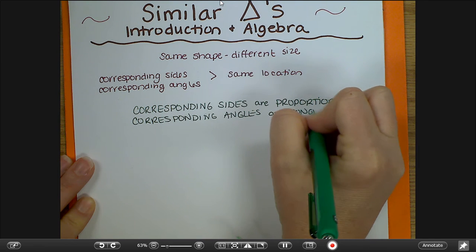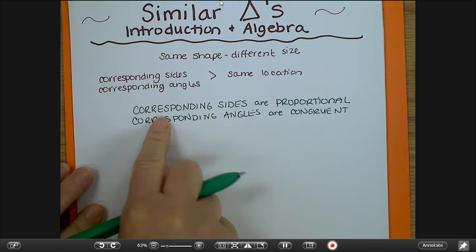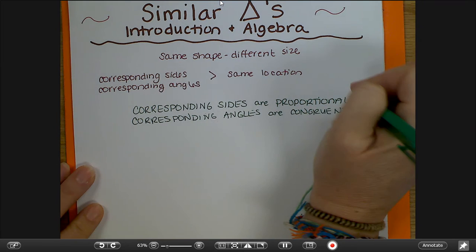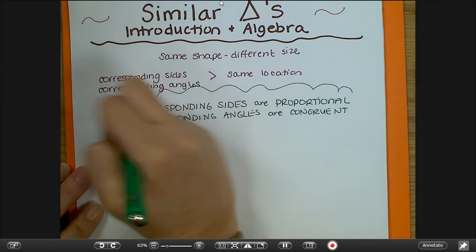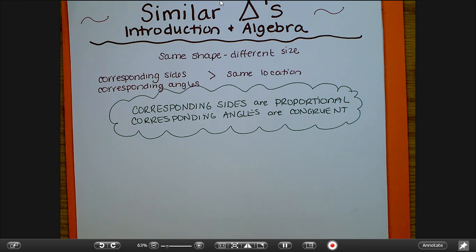And remember, congruent means same size, same shape. This is important because this is generally what it means to be similar. Corresponding sides are proportional and corresponding angles are congruent. So on your paper, you want to make that look very important.